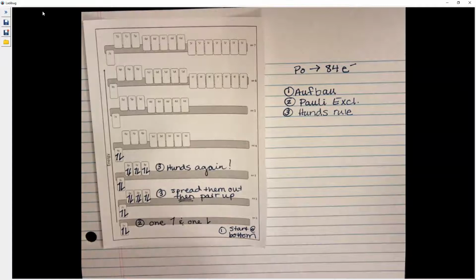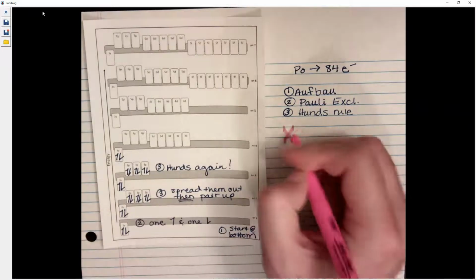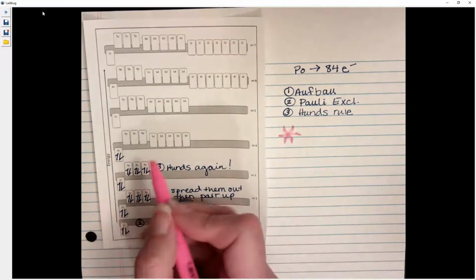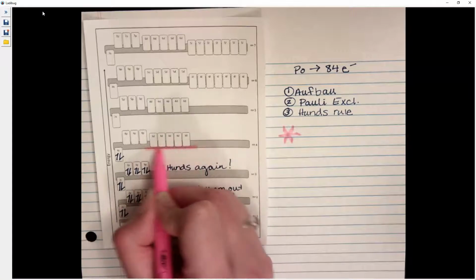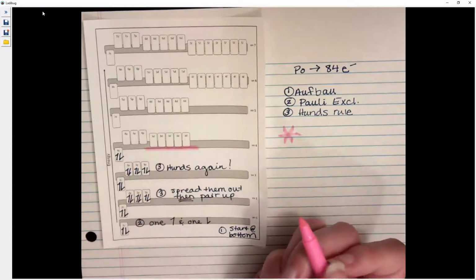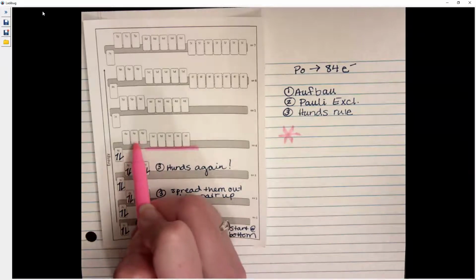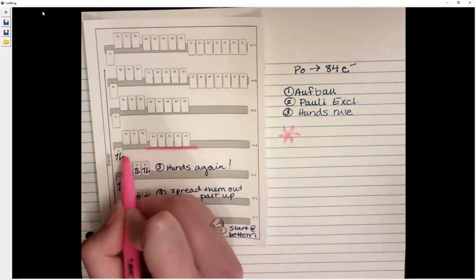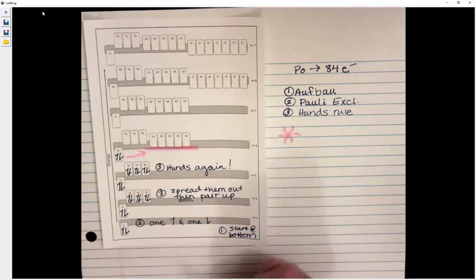We still have to follow Aufbau, right? But look, these d orbitals are the lowest as of right now, not the 4p. I'm going to go from 4s to 3d.